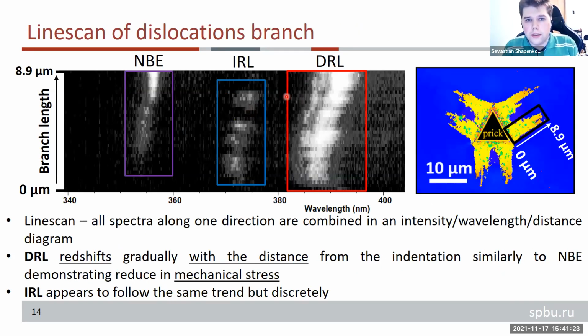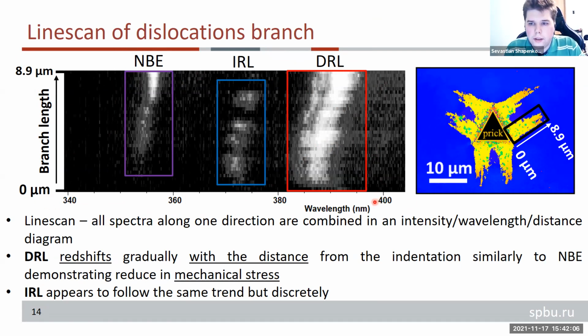So in the first slide, you can see the use of the technique called line scan. A line scan is a diagram that is built by summing all the spectra along this line and then putting it against distance from the indentation prick in this direction. In the diagram, color shows the intensity of this summed spectra at a concrete wavelength.